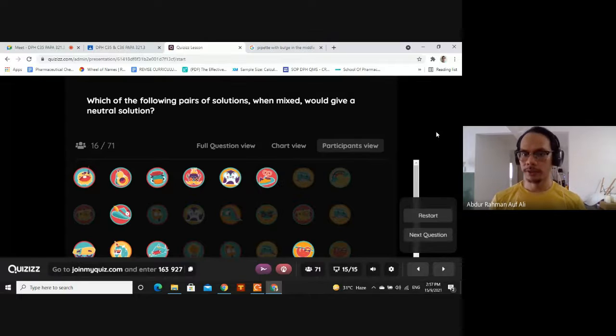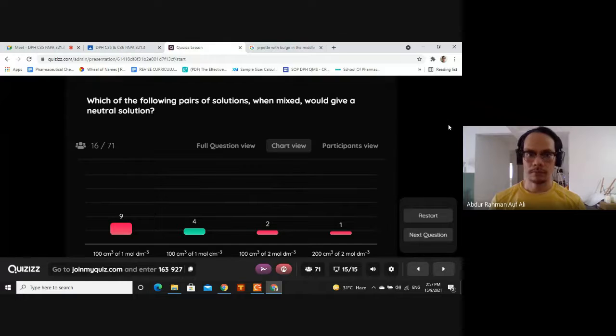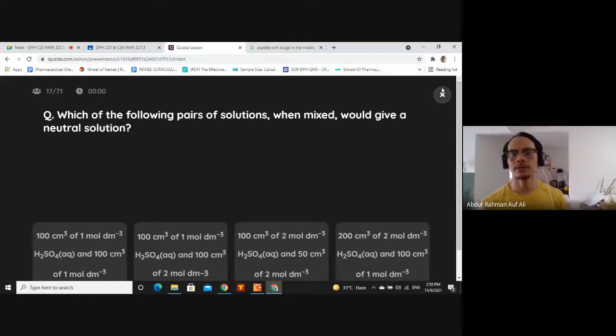I should have given only the questions I made, easier. This would give a neutral solution. Option number 2, 100 centimeter cubic of 1 mole. Okay, later I will check. Never mind. Okay, apologies for this confusion.